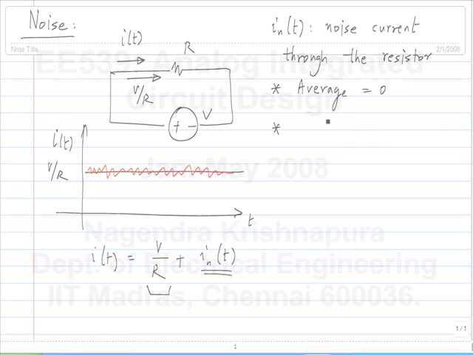And if you look at the instantaneous values, it turns out that if you look at any two time instants, the noise values are uncorrelated.